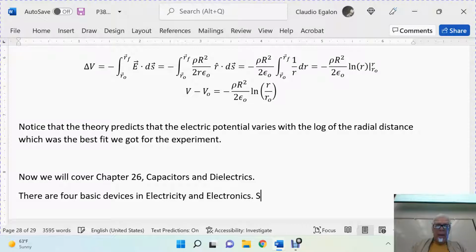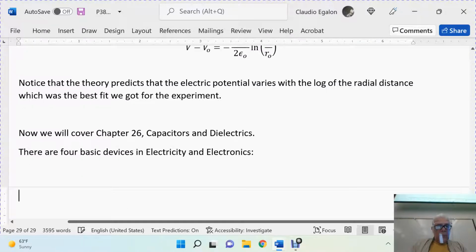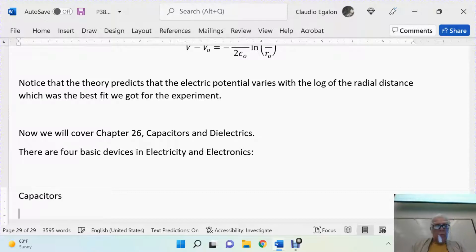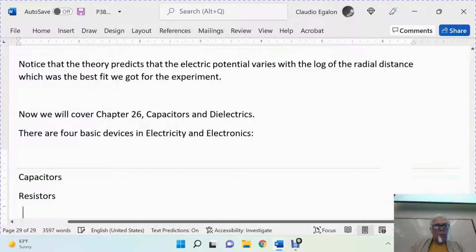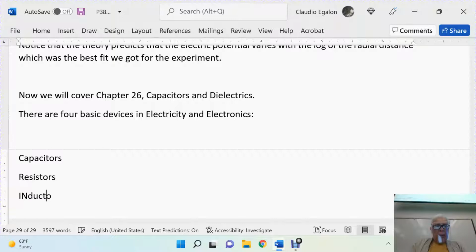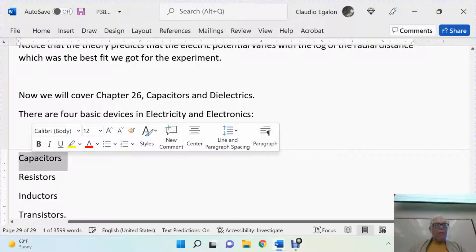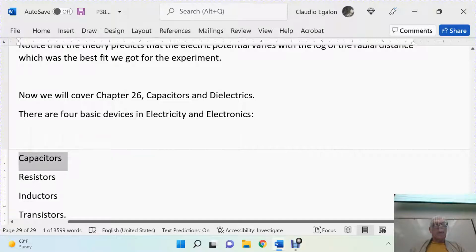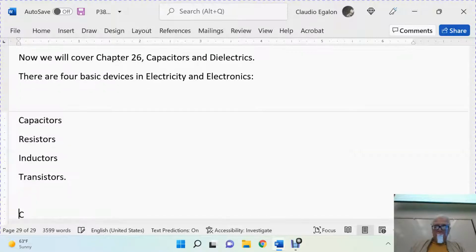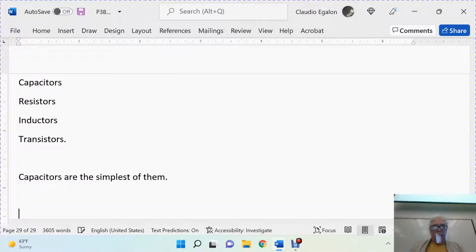They are capacitors, resistors, inductors, and transistors. The simplest of them is this one that you see right in here. Capacitors are the simplest of them. Let me show you how capacitors look like.